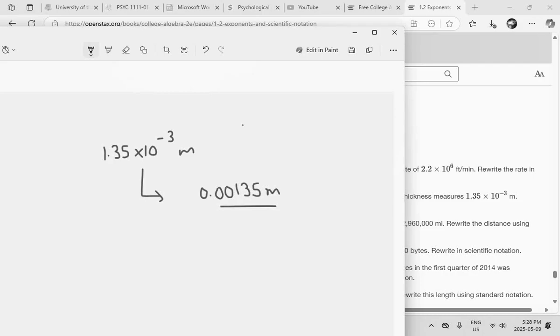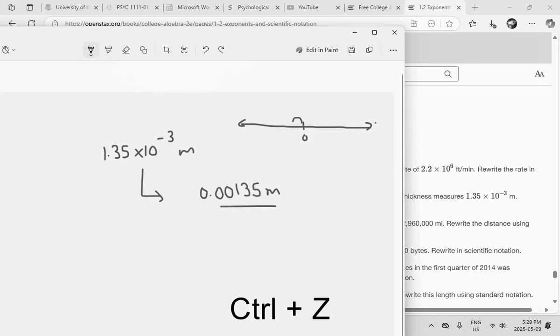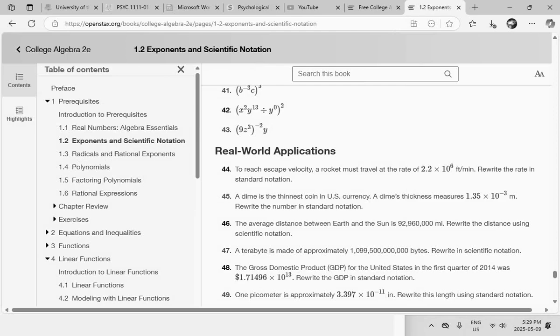So if you look at the number line over here, let's say this is 0. You're basically going back 1, 2, 3, so 3 places. So over here, this will be 0.001 because this will be 1, 2, and 3. So 0.00135 meters.